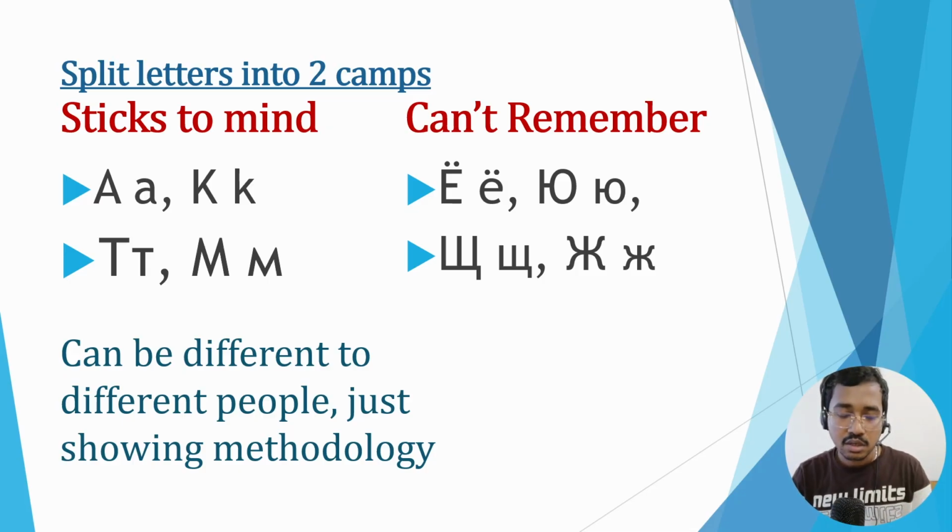And there comes a different group of letters which are new to you, or you cannot remember them, or you fail to recognize them in words. You need some practice. One thing you should keep in mind is that this grouping of letters, which letters I can remember, which letters I cannot remember, can be different from person to person. It does not mean that the letters on the left, everybody remembers them very easily.